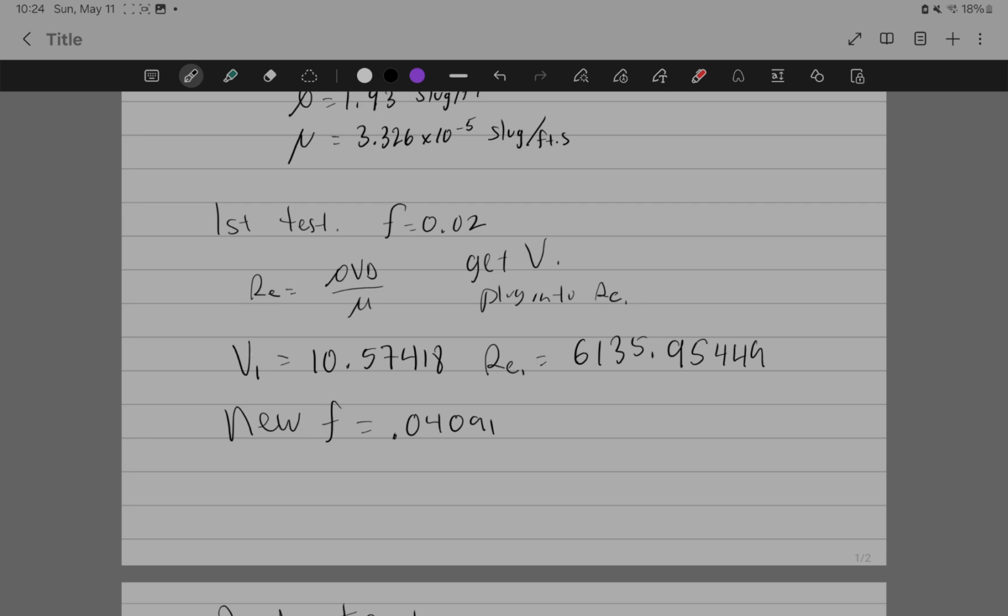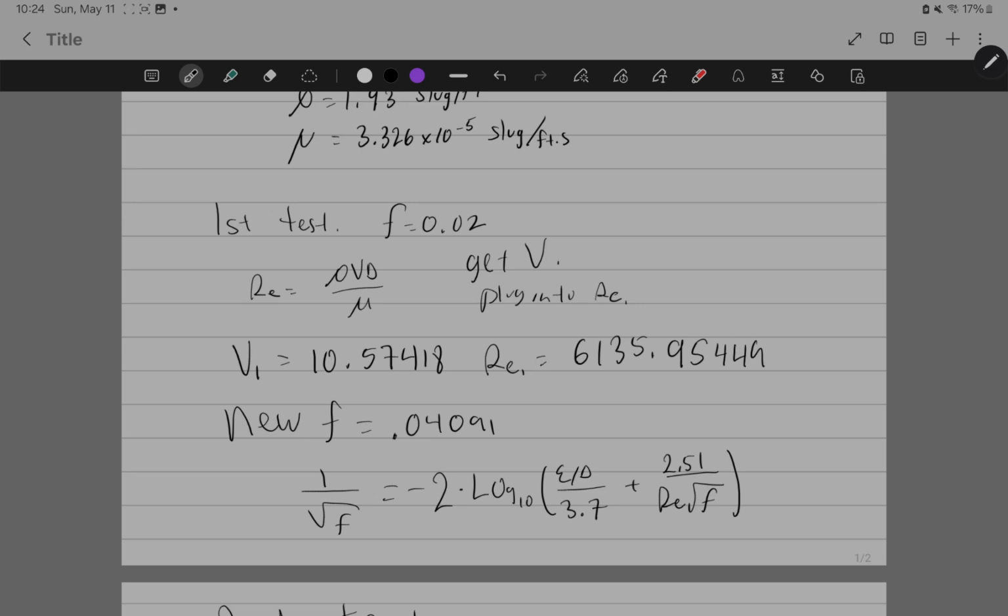And that is, I shall write it down here: 1 over the square root of the friction factor is equal to -2 times log base 10 of the relative roughness over 3.7, plus 2.51 over the Reynolds number times the square root of the friction factor.